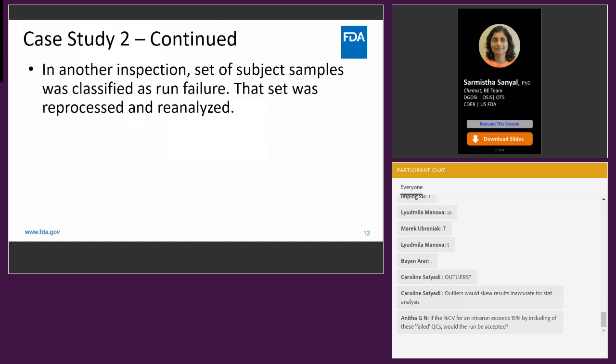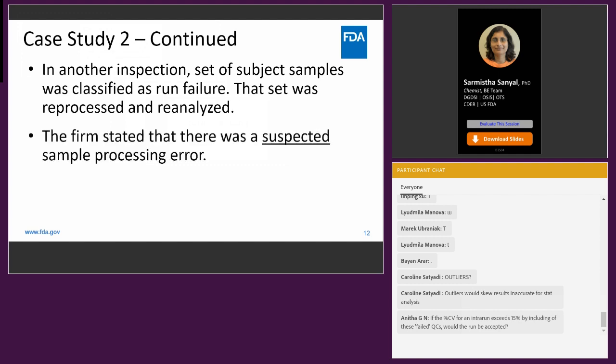In another inspection, it was found that one set of subject samples was classified as run failure, therefore that set was rejected. Those samples were reprocessed and reanalyzed. When the reprocessing of samples was questioned, the firm stated that there was a suspected sample processing error, but there was no supporting evidence to substantiate the claim.